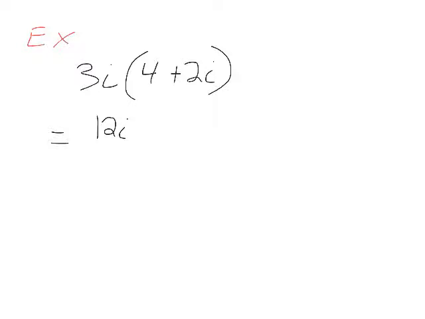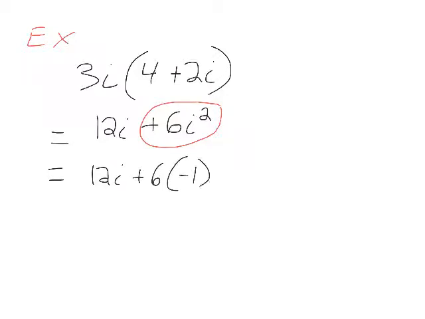And then 3i times positive 2i will give me a plus 6i squared. Now you're going to use the fact that i squared is equal to -1 on that term. If we were to multiply positive 6 by -1, what would we get in that second term?